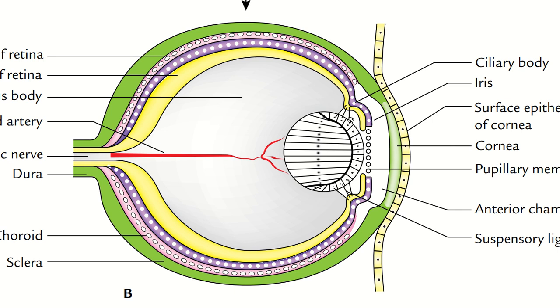So fluid of the posterior compartment will be moving to the anterior compartment via the pupil. And then from the anterior compartment, this fluid is going to be drained by a canal called the canal of Schlemm, or the scleral venous sinus, that will later be connected to your veins. So you're going to have the fluid in the anterior chamber being drained.